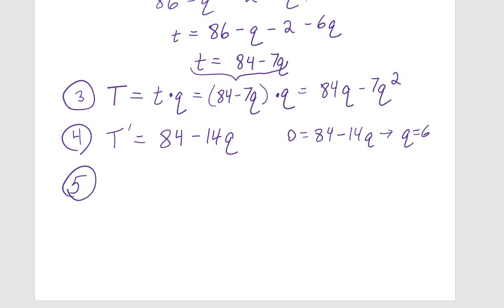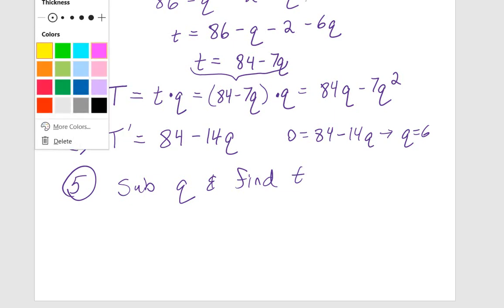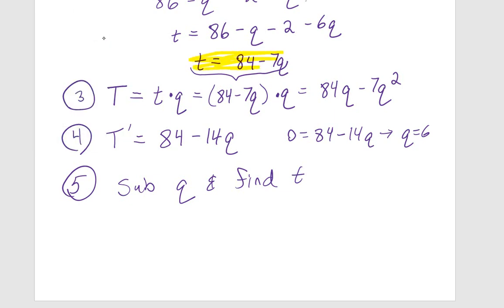Now the fifth step is sub q and find t. So how we do that is that right above, we have that t equals 84 minus 7q. So we're just going to plug in q equals 6. So t equals 84 minus 7 times 6, which is going to give us 42.